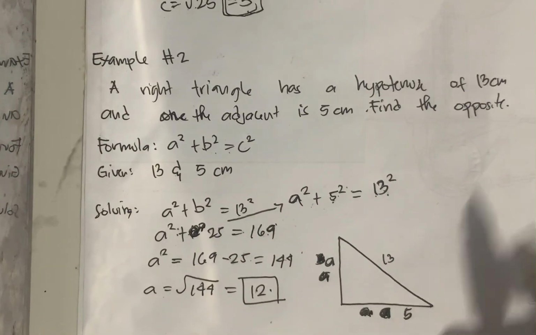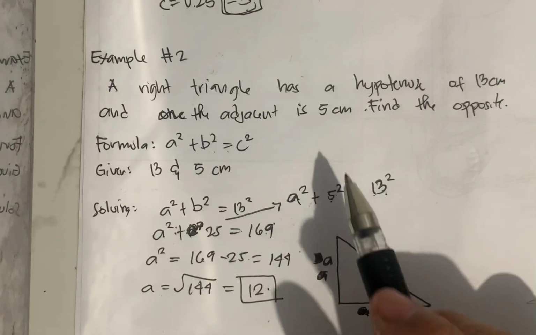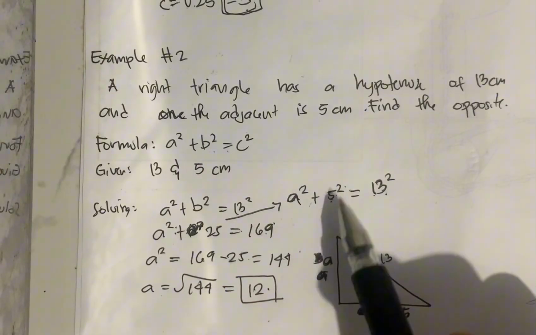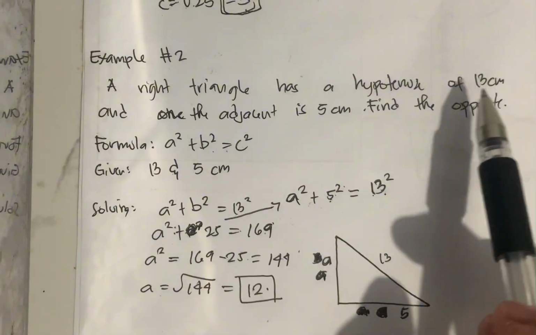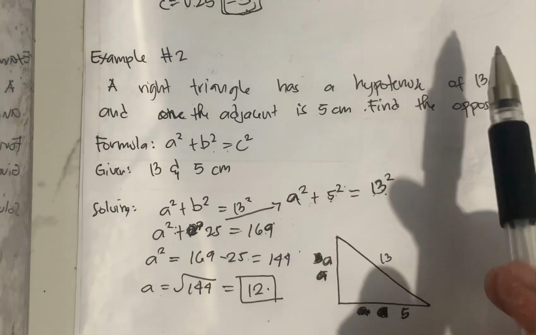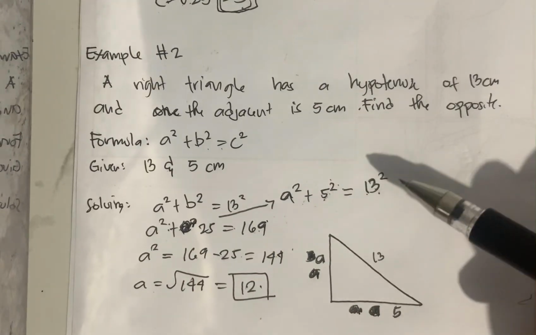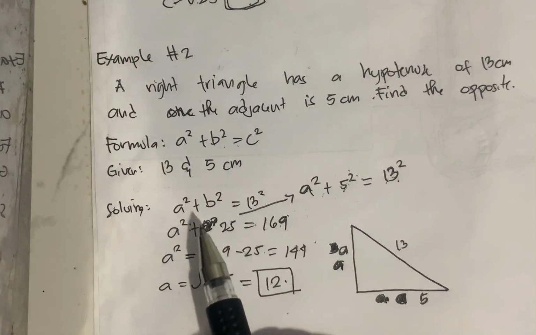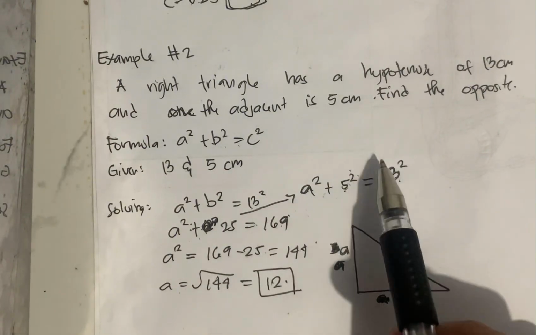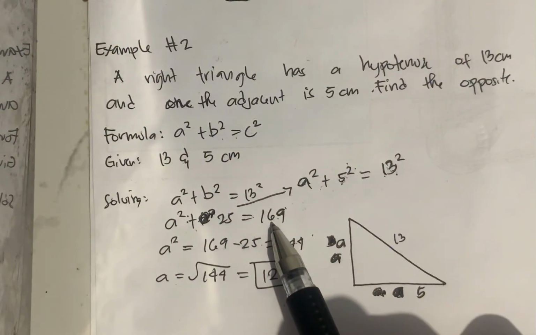To solve, a squared is not given. The given that we have is the adjacent and hypotenuse. Adjacent is 5, so 5 squared, and our hypotenuse is 13 squared. So a squared plus 25, since 5 squared is equal to 25, and 13 squared is equal to 169.